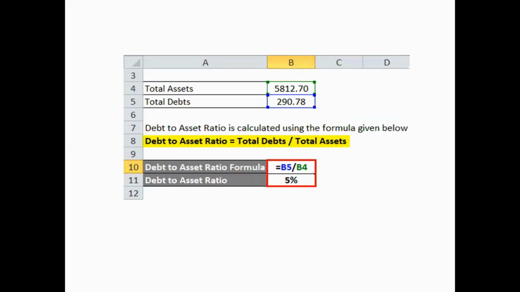Here is the way we can solve debt to asset ratio in Excel. First, we write the total assets, then total debt, then apply the total debt to asset ratio. Here, debt to asset ratio is 5%.